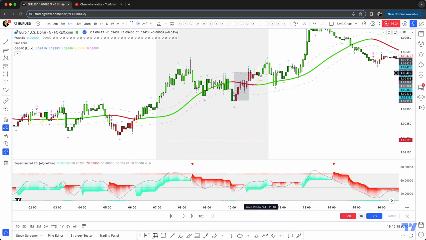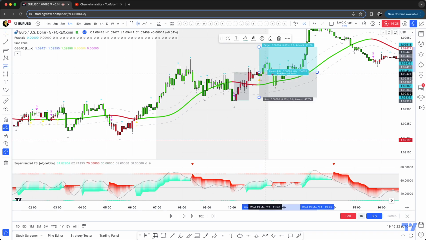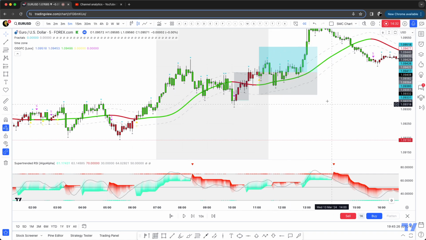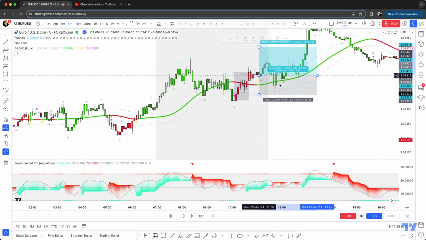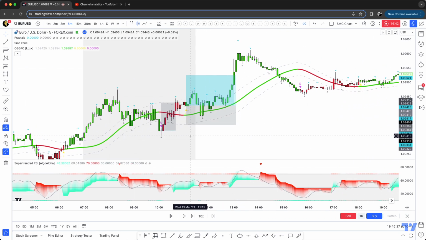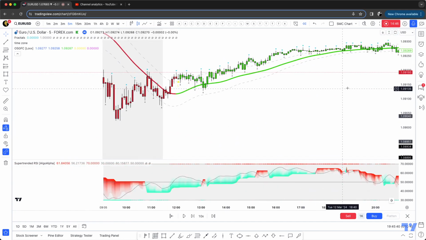Then price pushed up, gave you a bullish entry. You would enter, stop loss here. Hold on. This was the actual candle there, and a 1 to 1.5. So you had a win and a loss right there.